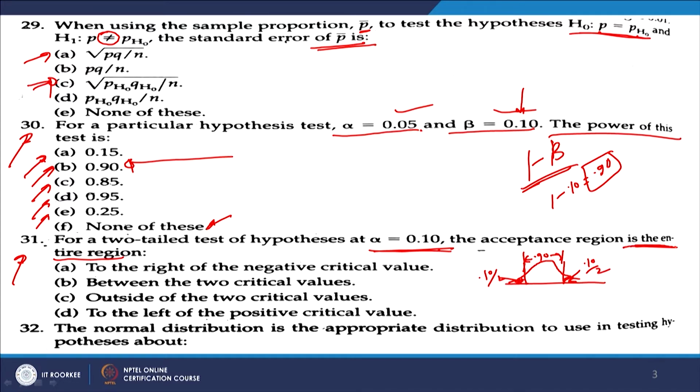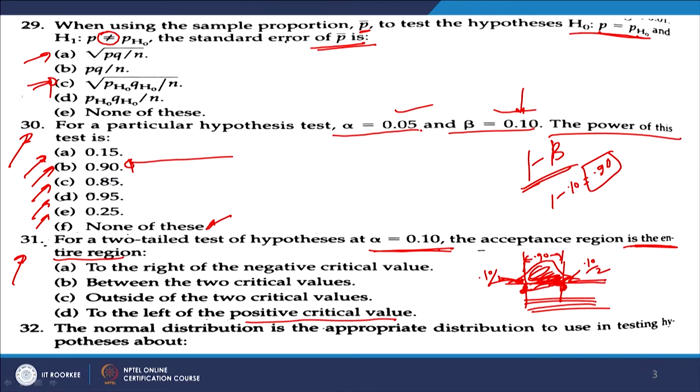The acceptance region is the entire region to the right of the negative critical value. Sorry, this is the positive critical value and this is the negative critical value. To the right of the negative critical value, that option is this, the rejection region, or between the two critical values, or outside the two critical values, or to the left of the positive critical value.